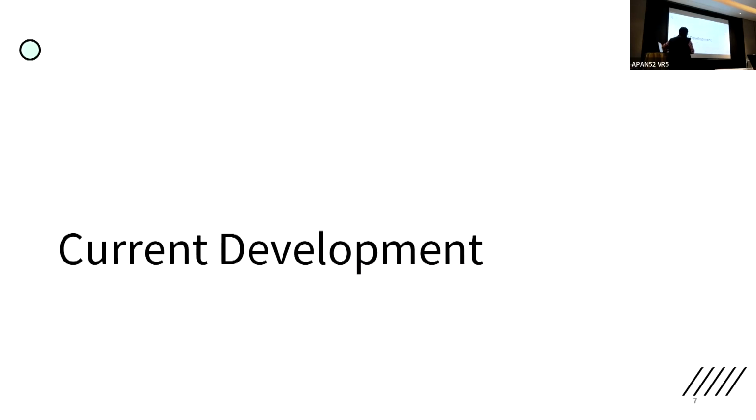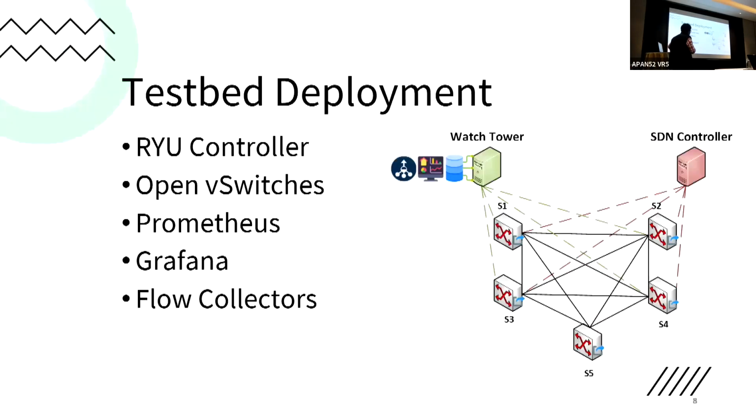So the current development in the project is that we have made a test bed from the OVS. We deployed the Ryu controller. Actually, we tried five to six controllers during our deployment, but only the Ryu controller, because it is a configurable and programmable controller, so we selected this controller for the deployment.